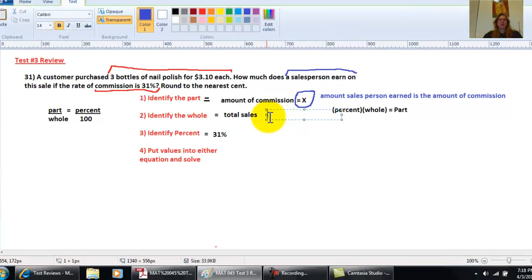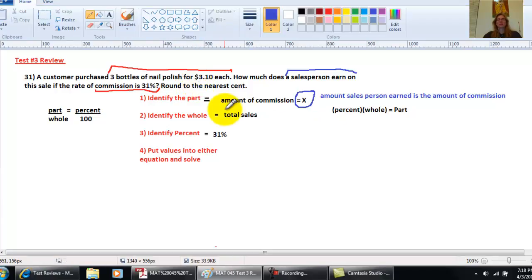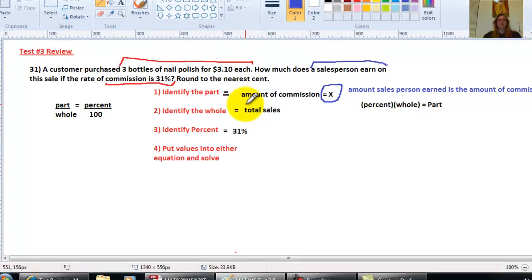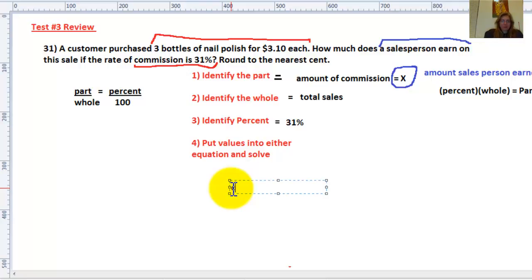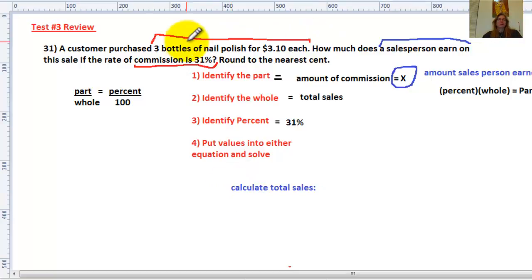So then total sales is given here: 3 bottles of nail polish for $3.10 each. So we're going to have to calculate the total amount of sales. If somebody purchased 3 bottles of nail polish for $3.10 each, that is multiplication. Each bottle costs $3.10, 3 were purchased, so it's 3 times $3.10.